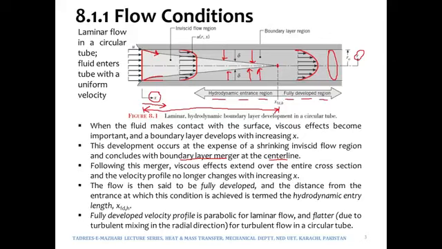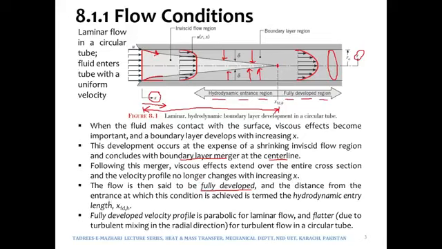And as we move away from the inner surface of the pipe, as we move towards the center line, the velocities will keep on increasing and the maximum velocity will occur at the center point, because the center point is the farthest from the inner surface of the pipe. The flow is then said to be fully developed.